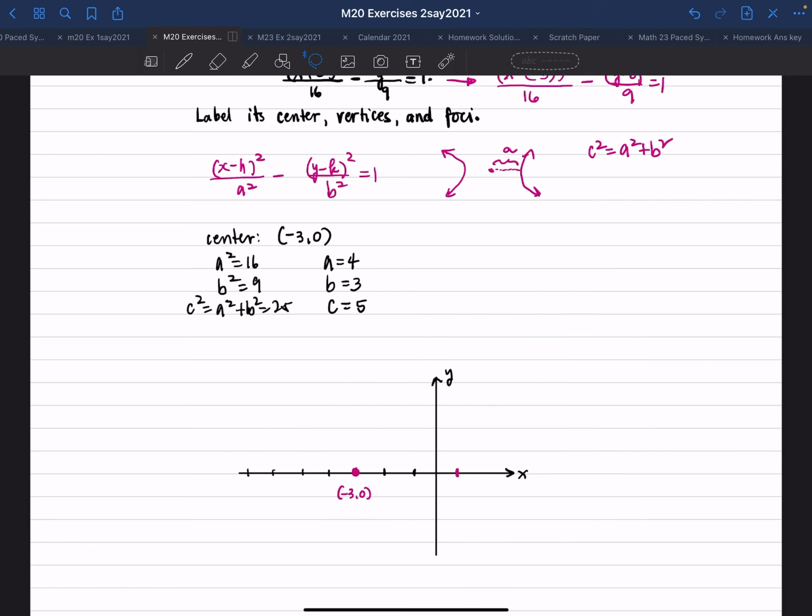Okay. And then we have to move B units upward and downward from the center. Okay. So 3 units upward and downward. So 1, 2, 3, 1, 2, 3.